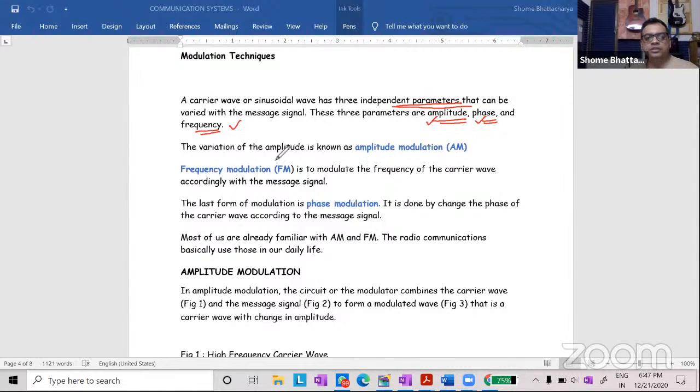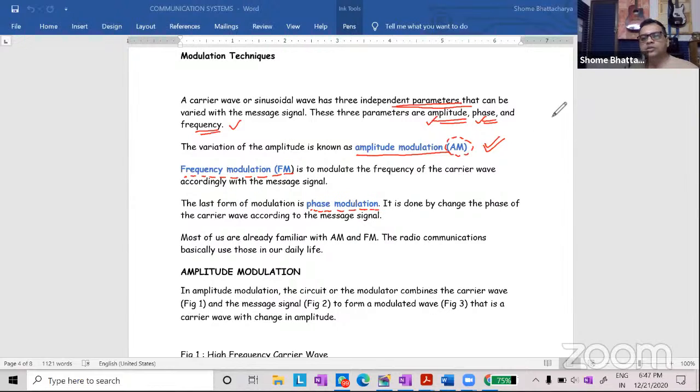When we use the information from the input wave to modify the amplitude of the carrier wave, it is called amplitude modulation, AM. This is the one we are going to study in a little bit of detail over here. When we use the information from the input signal to modify the frequency, it is called frequency modulation. And when it is used to modify the phase, it is called phase modulation.